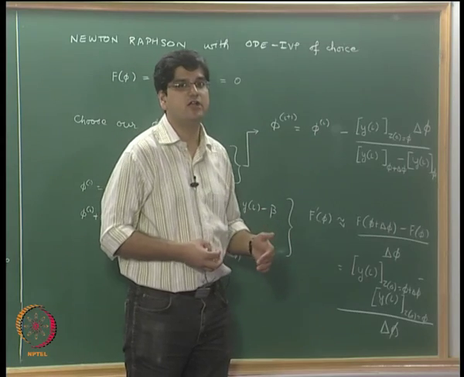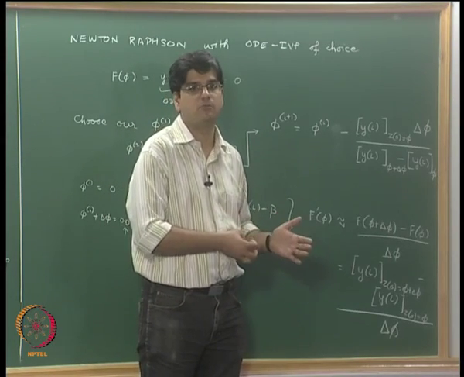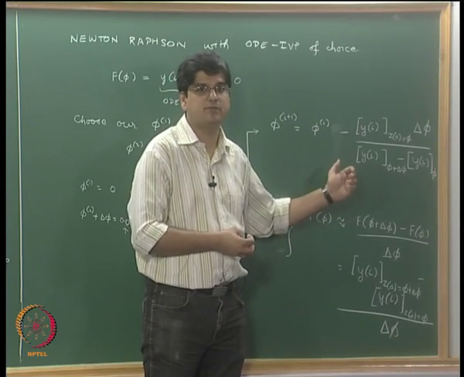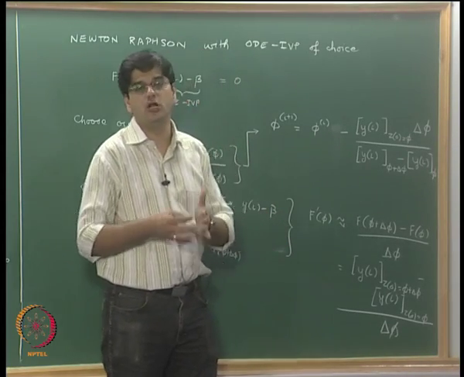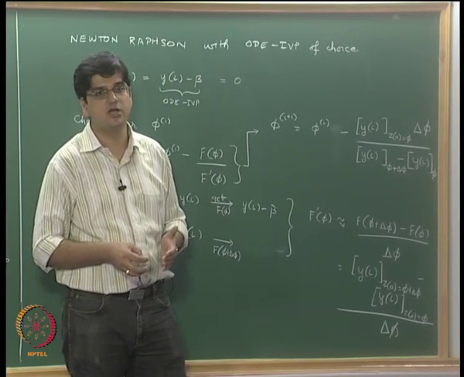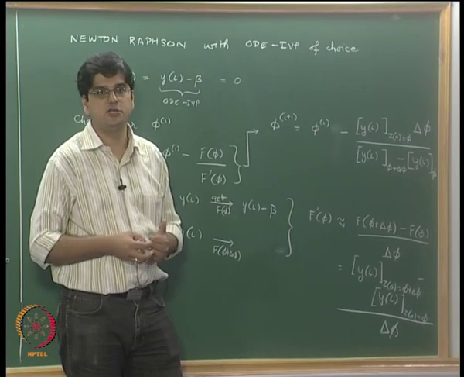That we will use to show certain problems with the boundary value problem solution using the shooting method, and finally we will go on to solving this problem using a finite difference method. So, that is going to be the agenda for our next lecture, and see you in the next lecture.